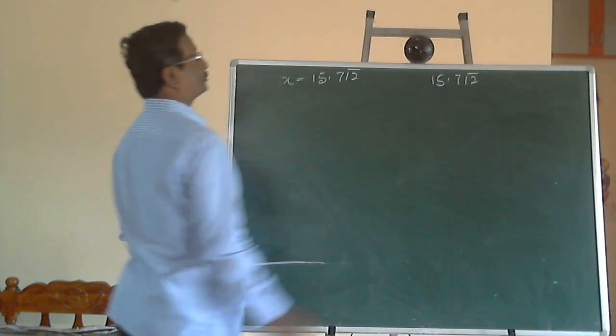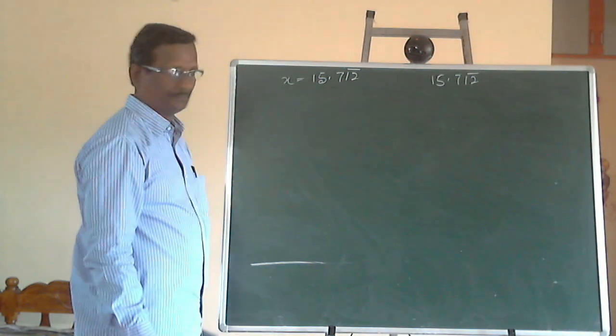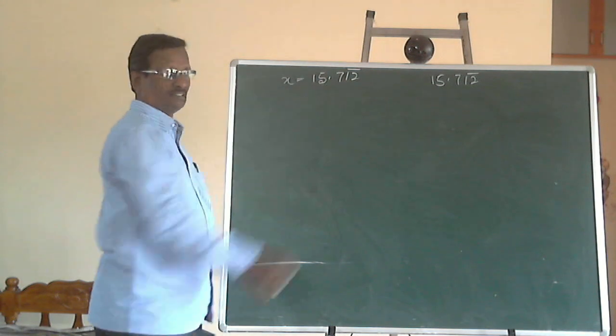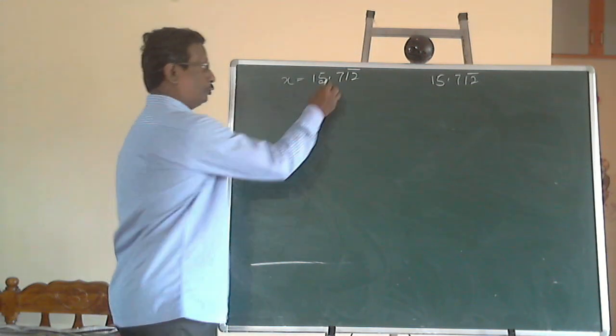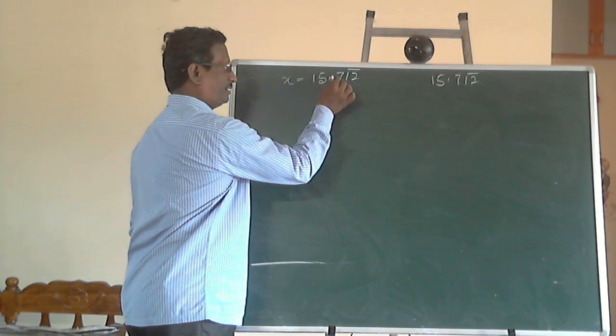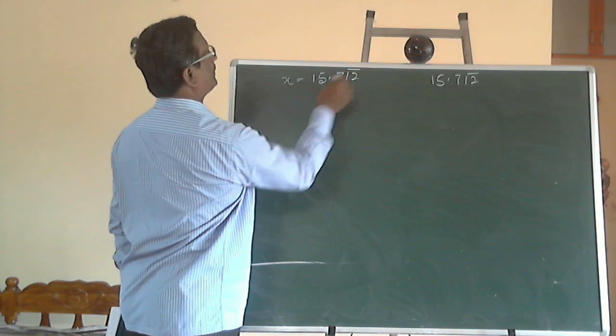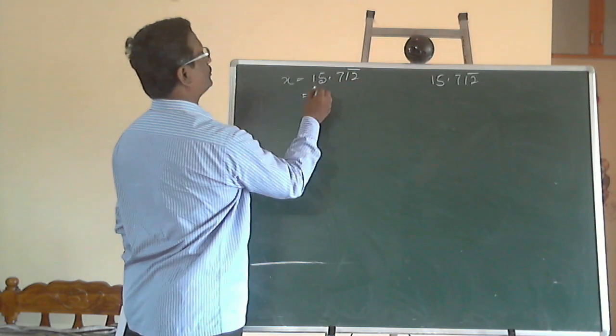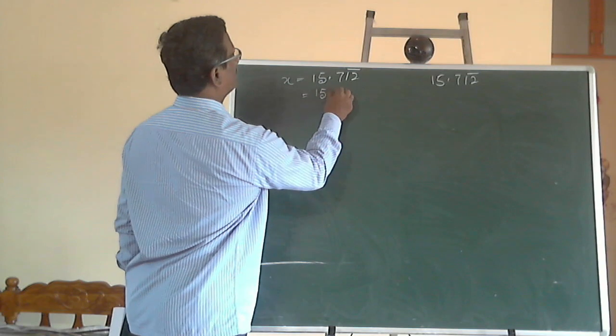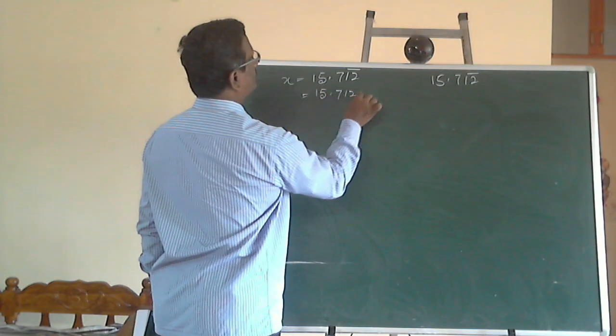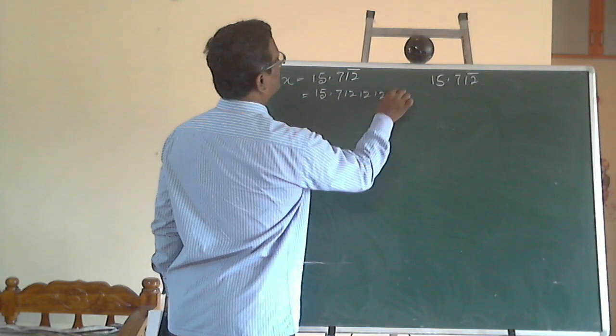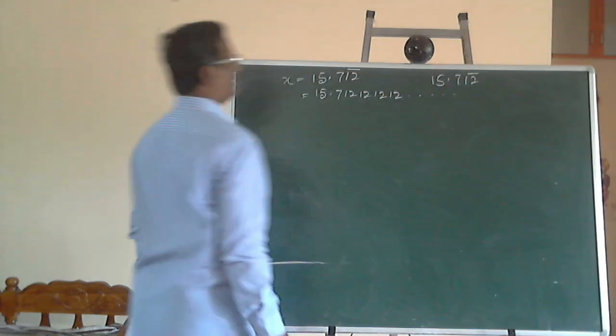The recurring part is for the two digits 1 and 2. Since there are two digits in the recurring part, to reach the decimal point to the right of the recurring part, it should go 3 places: 15.712, 12, 12, 12, infinitely many number of times.